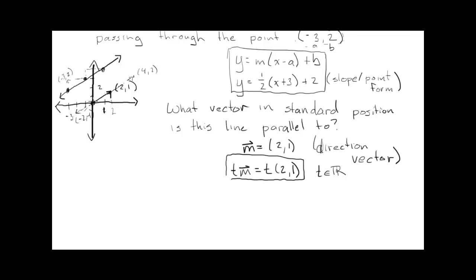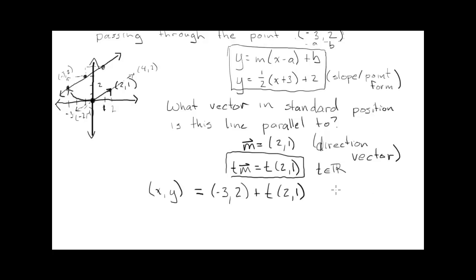Instead of starting at the origin, I'm going to move this point to here. So all I need to do is add negative 3, 2 plus t times 2, 1. And this is my new equation, where the first coordinate would be x and the second coordinate would be y.